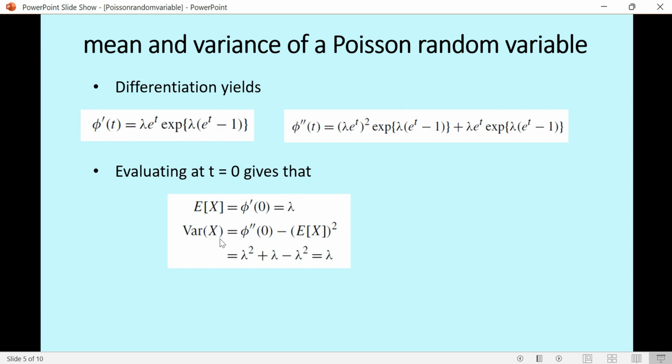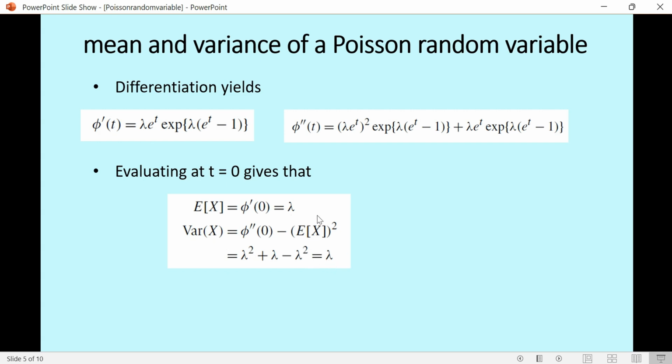And the variance equals the second order differentiation of the moment generating function evaluated at t equals 0, minus the square of the first order, which is the expectation. Finally, we get that the variance of a Poisson random variable is also equal to lambda.